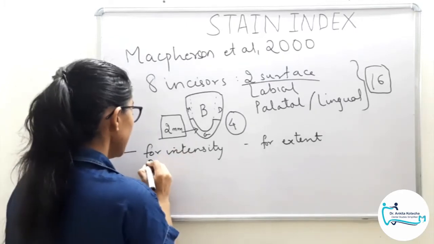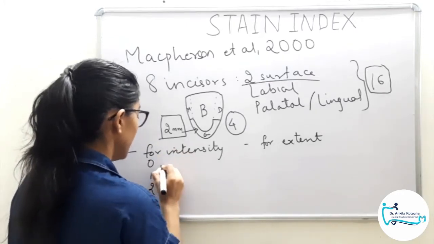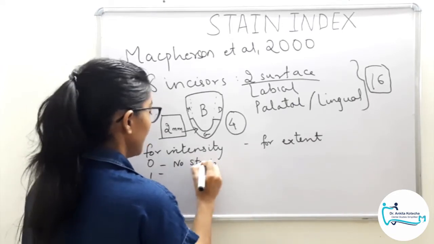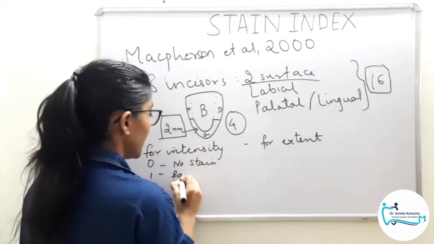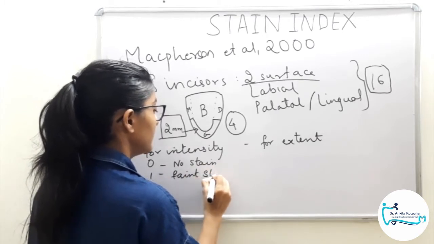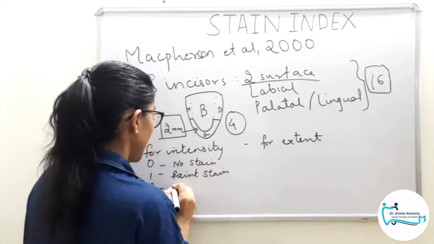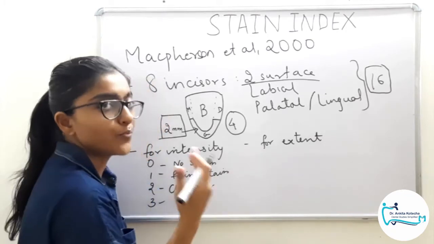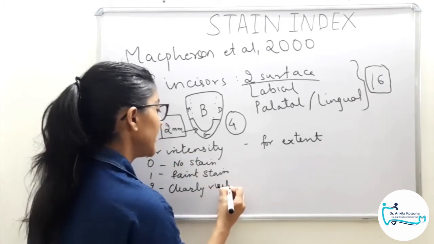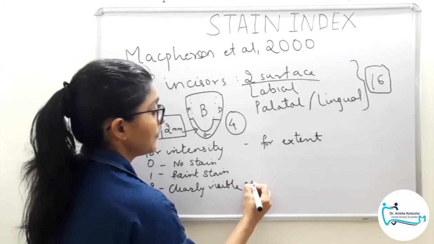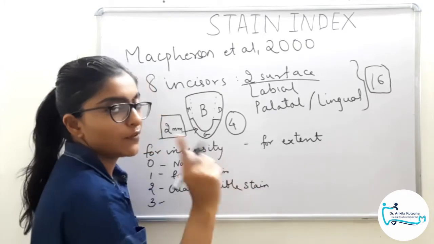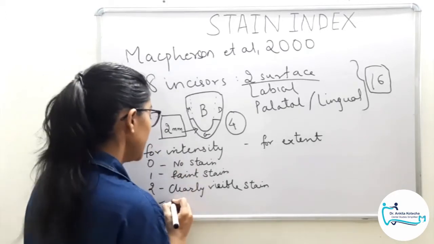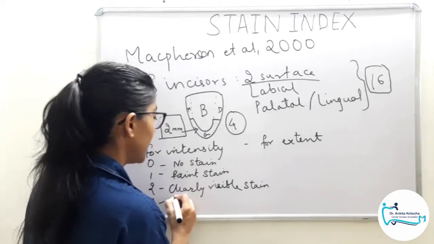For intensity, no stain, only tooth color; faint stain; then clearly visible stain, that is orange to brown, but it should be clearly visible or identified as stain. No confusion while examining that local factor. Clear? And the final is clearly visible stain.